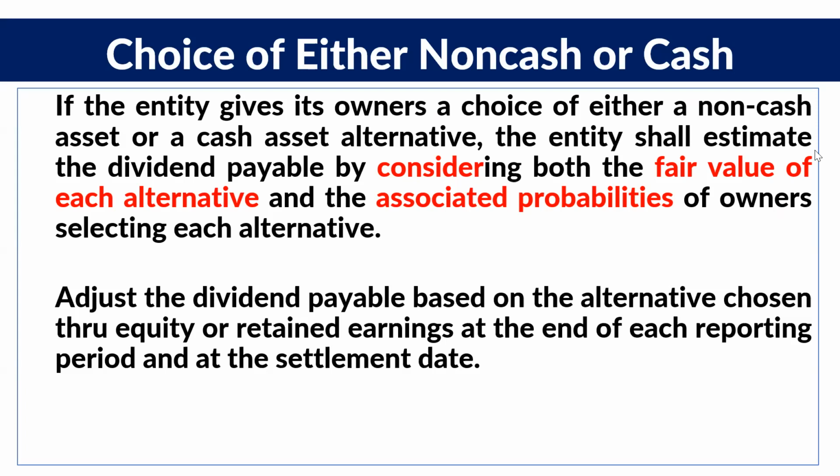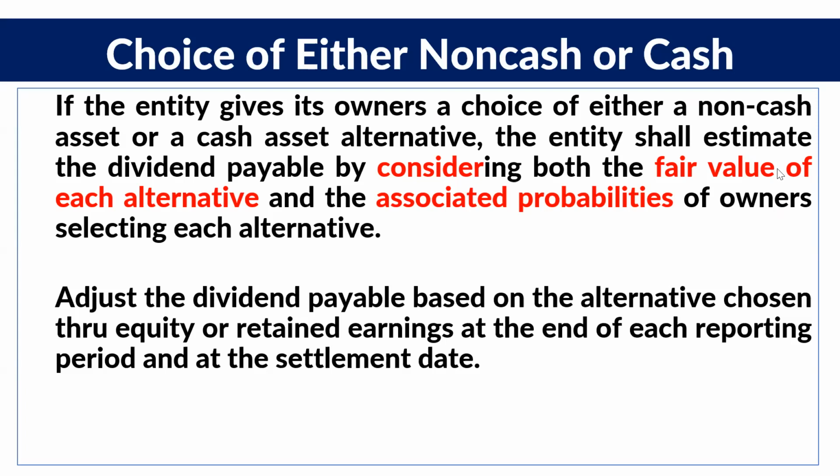In this case, the entity shall estimate the dividend payable by considering both the fair value of each alternative and the associated probabilities of owners selecting each alternative.